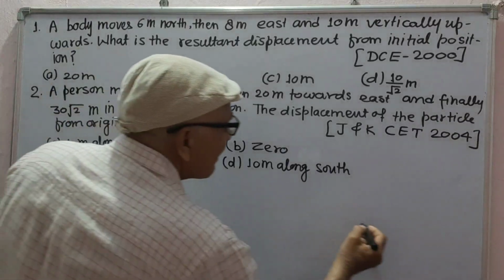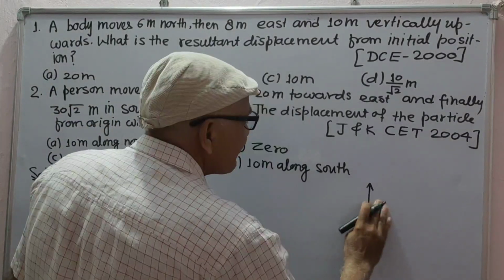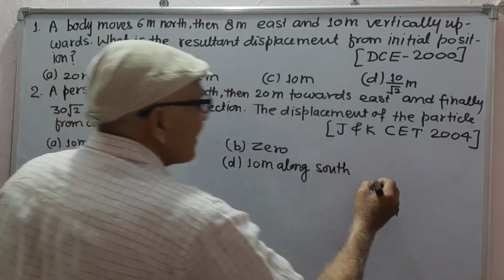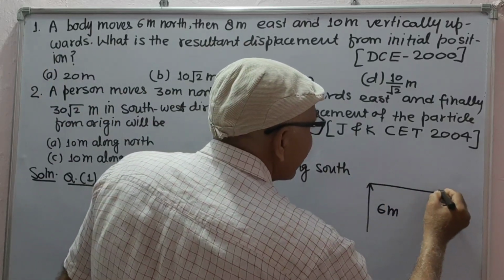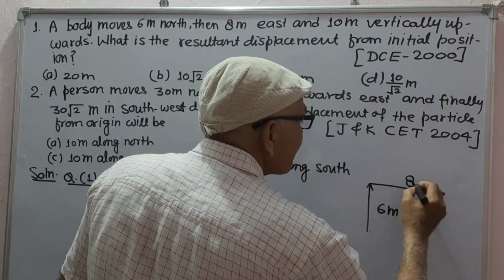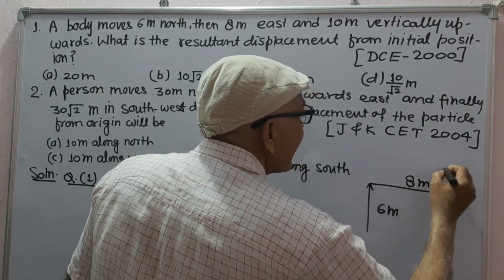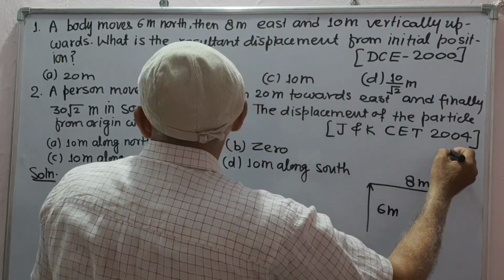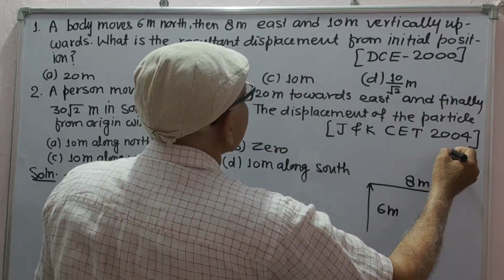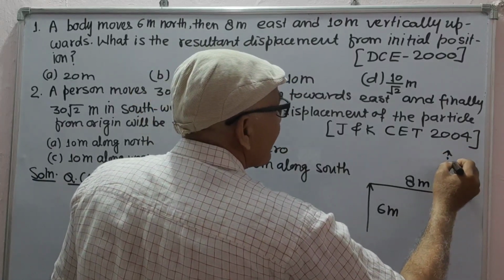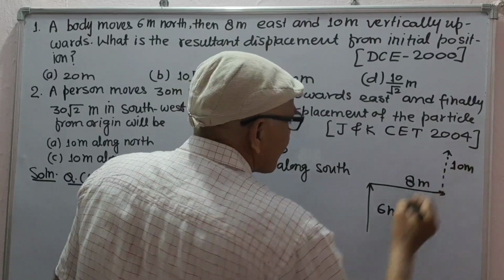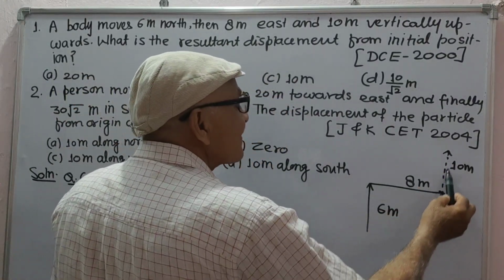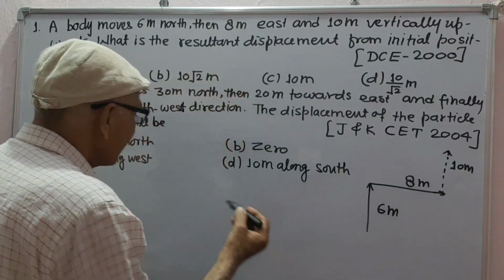Here, according to the question, the body first moves 6 meters towards north and then 8 meters towards east and then vertically upwards 10 meter. So, this is y axis, this is x axis and this is z axis.